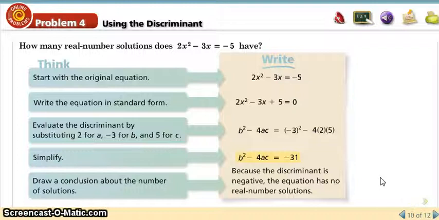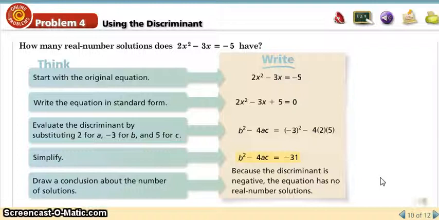You can take the square root of any positive number and you will get 2 real number solutions. And then if the discriminant is exactly 0, after you take b squared minus 4ac, then your equation will have 1 solution.